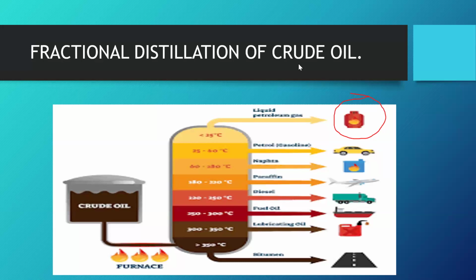So the gases have a lower boiling point, followed by liquids. Then the solids that have a higher boiling point are the ones that settle at the bottom trays. So in this case, our first one is natural gas. And then our next one is petrol, or what you can call gasoline.